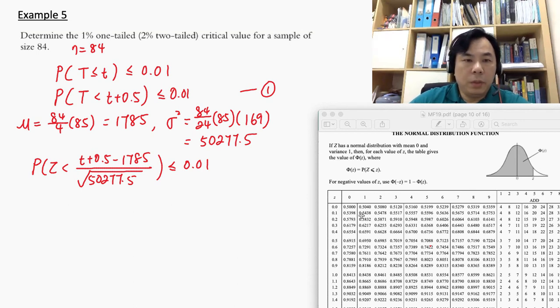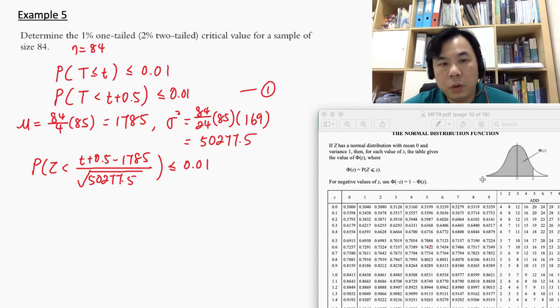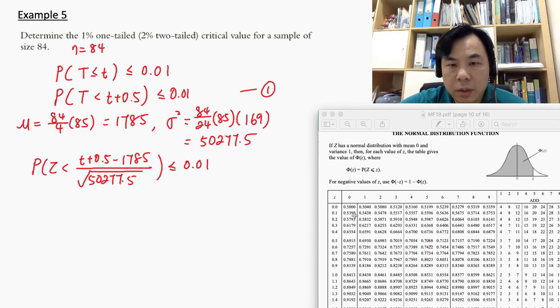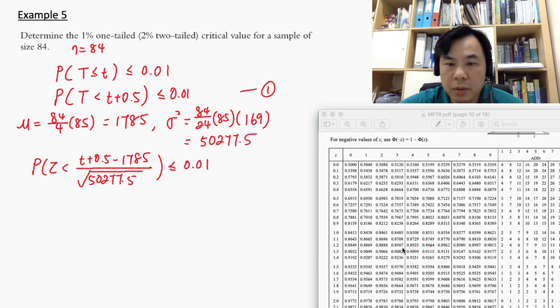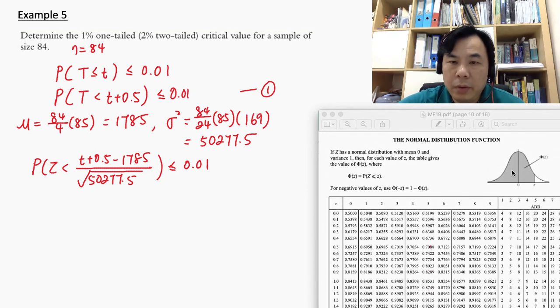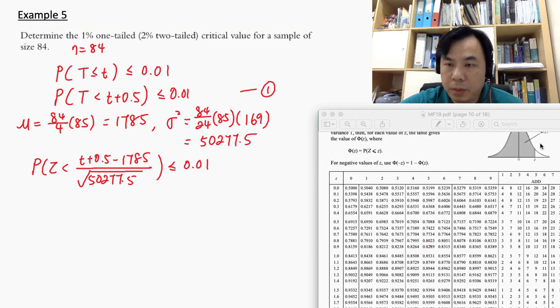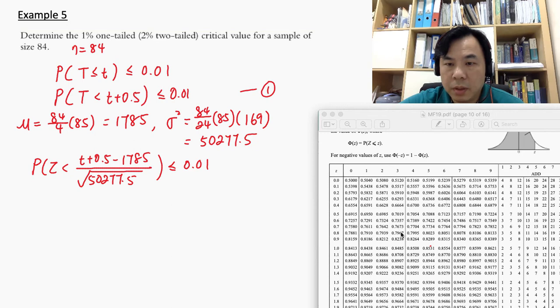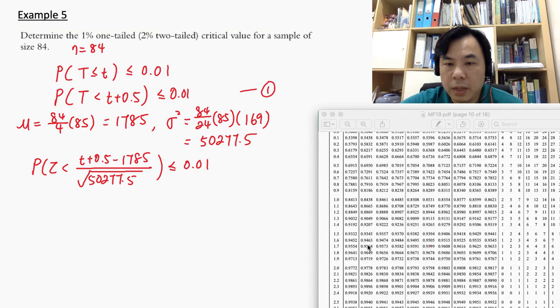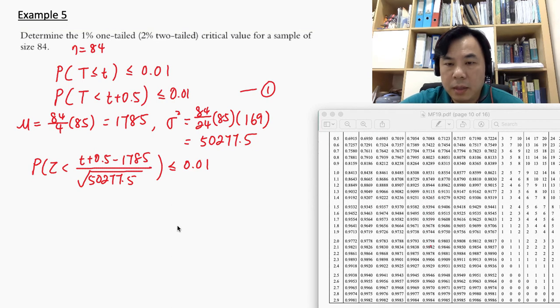Right, now from here onward, we need to look at the data booklet for normal distributions. 0.01, so area of 0.01. So where is that area 0.01? The area of 0.01 is the same as 0.99 based on this shading here. So I'm looking for 0.99. So where is that 0.99? Let me see.